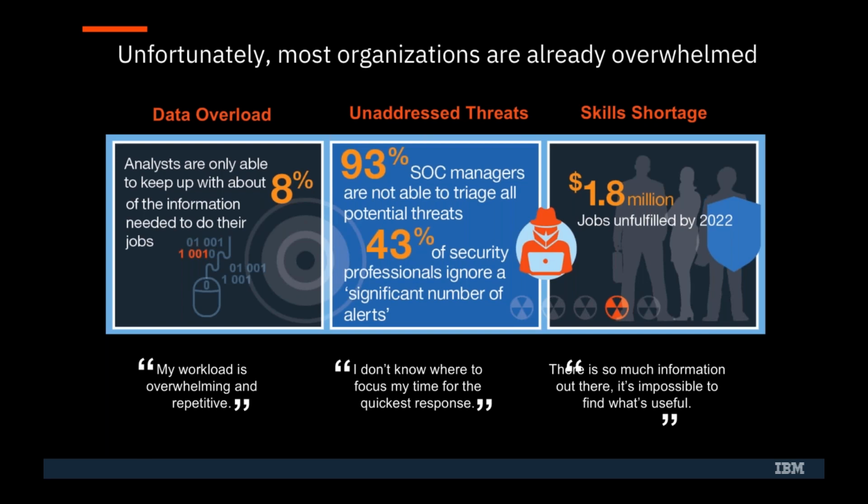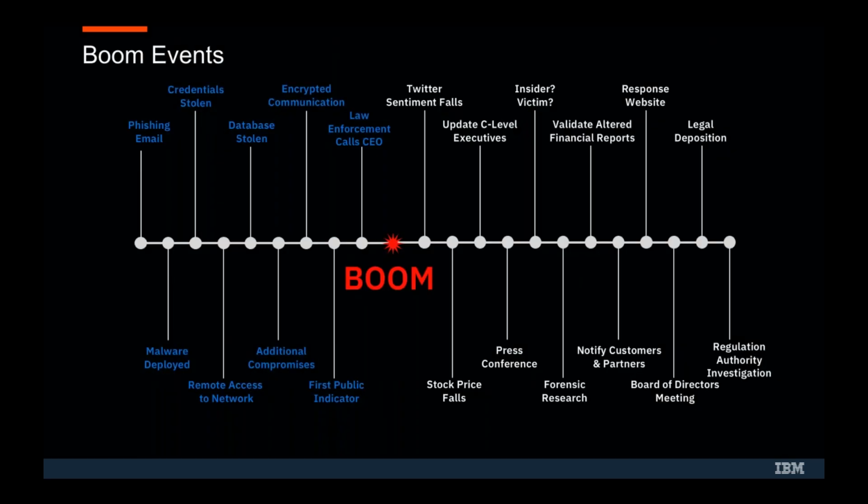And 43% of security professionals say that they ignore a significant number of alerts. We already mentioned the jobs that are out there that are just going unfilled because there's a skills shortage globally. It feels like a significant challenge to really address this.